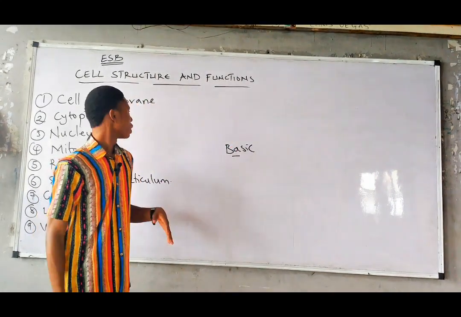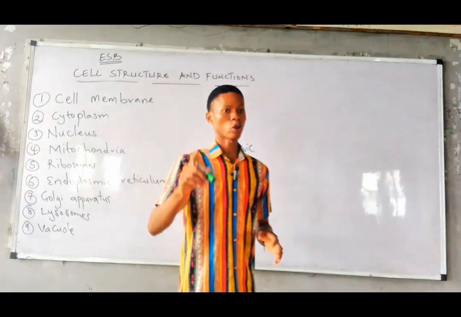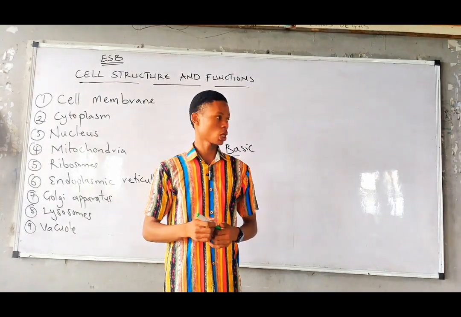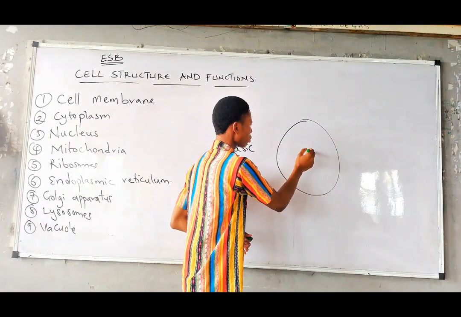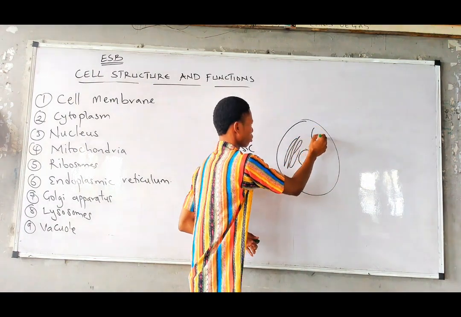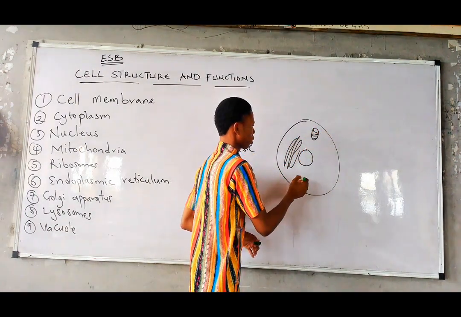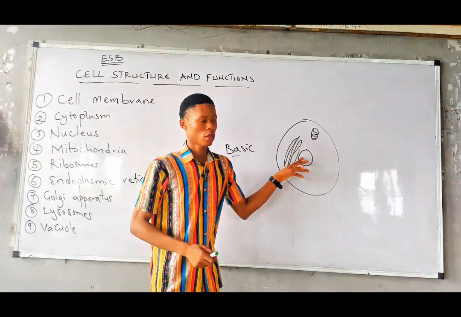Good, that's a cell. Now, there are different types of cell which we are going to go into afterwards. But if we have something like this as our cell, let's assume this is a nucleus.